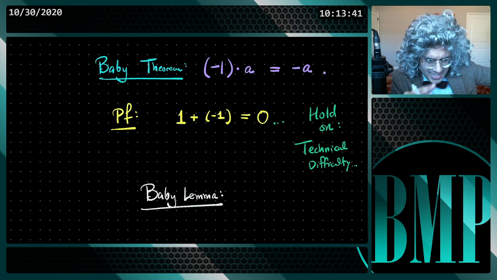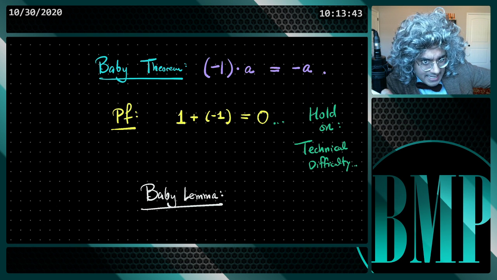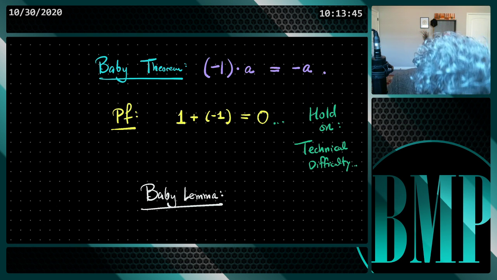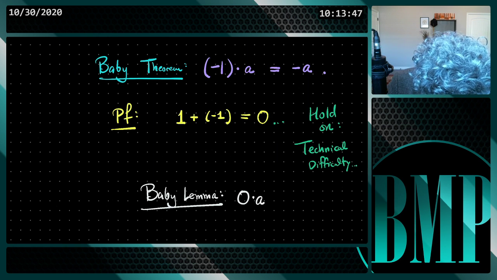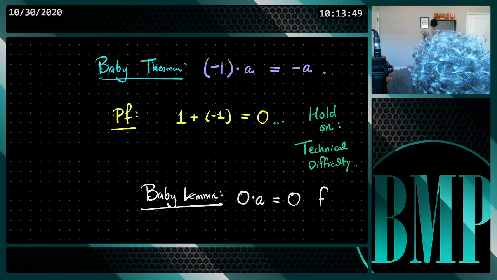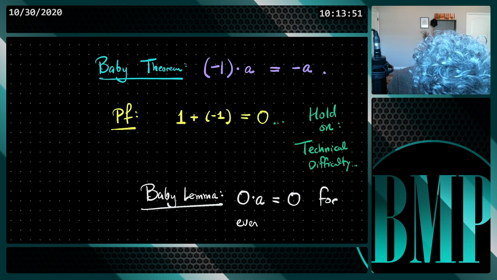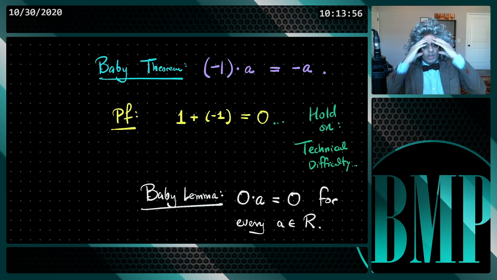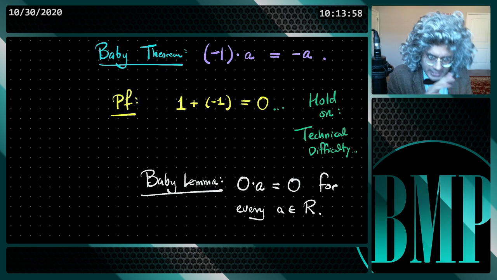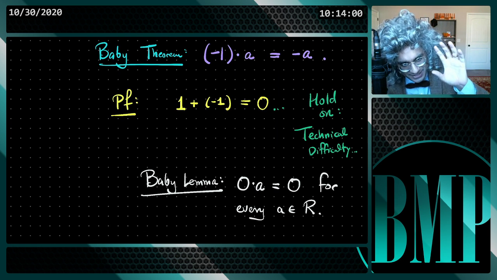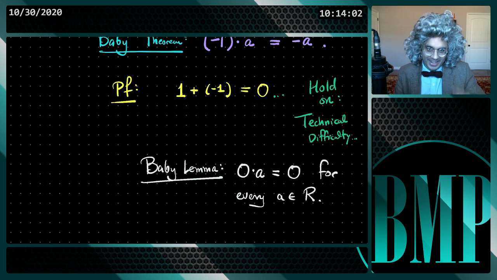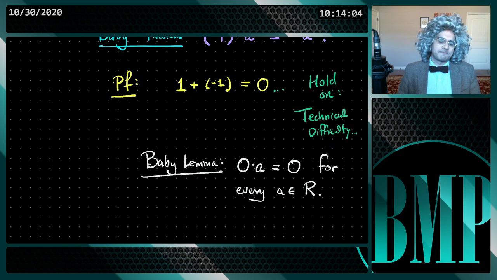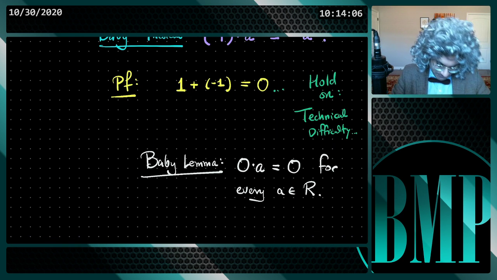Baby lemma. 0 times anything is 0. Okay, that is the first ingredient, and then we'll go back to the baby theorem. Okay, hold on. Okay, let's prove this.